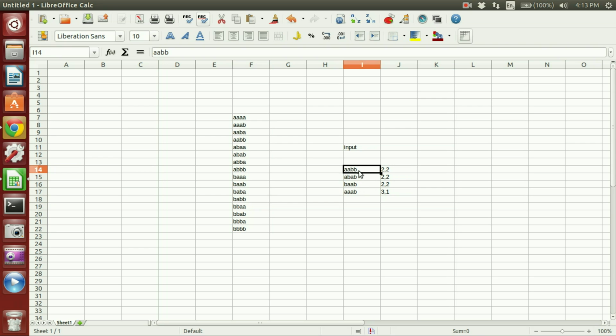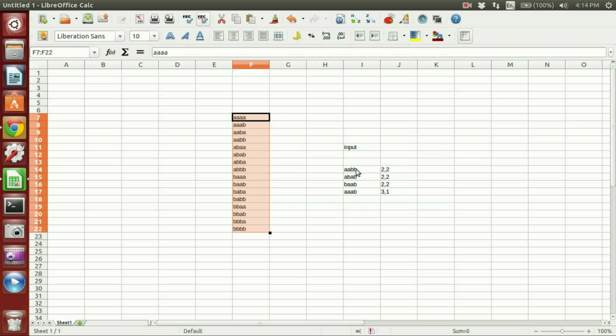So let's take the first input string and find the LCS of this string with all the possible strings, and after calculating we will get the answer, that is the minimum length of LCS, minimum LCS.